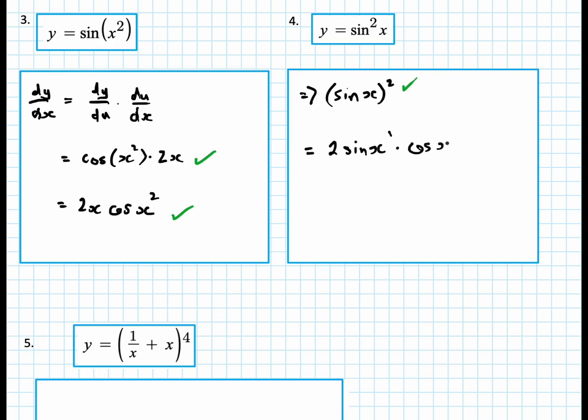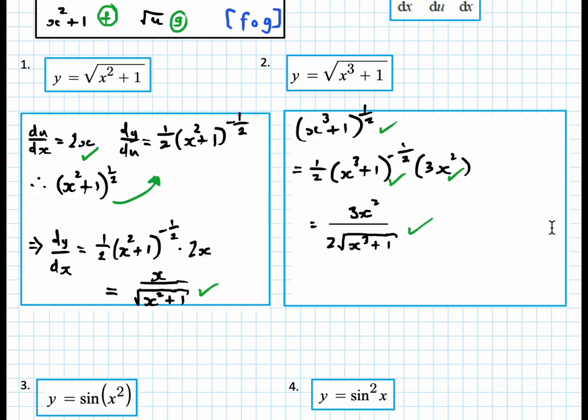And of course, sine x times sine x. You can just put the 2 out front, so you have 2 sine x, and then with the chain rule, the derivative of sine x, which is the inside part, is indeed cosine x. The last part there, we just added it together. It's a double angle formula, which you would have done already. So sine 2x.